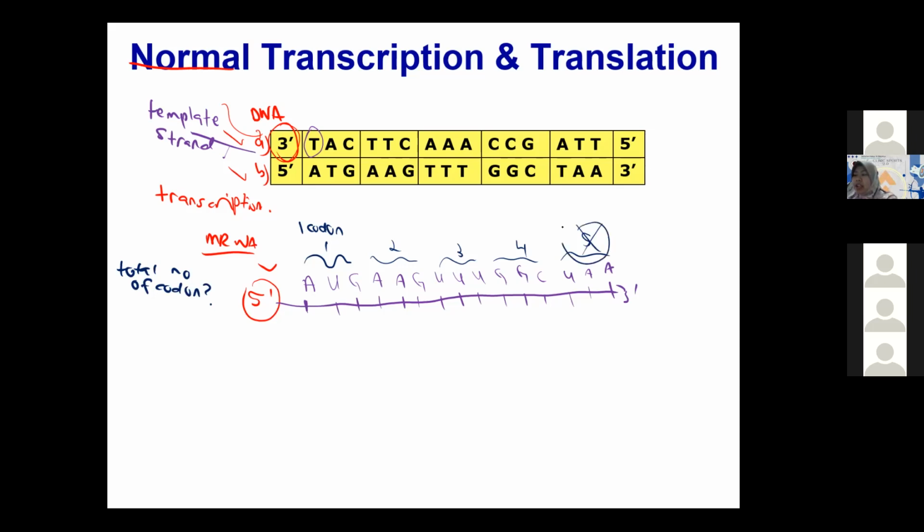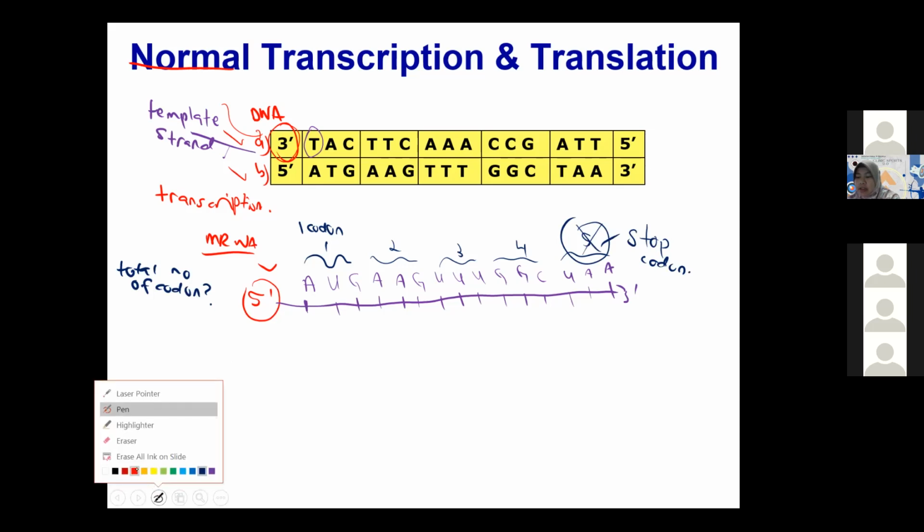The 5th codon is stop codon. Okay, stop codon does not code for any amino acid. Alright, and there is no tRNA for stop codon. Okay, faham ke yang tu? Okay, alright, ulang kaji.